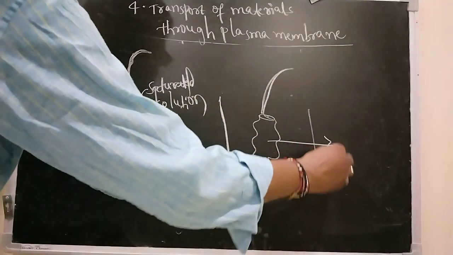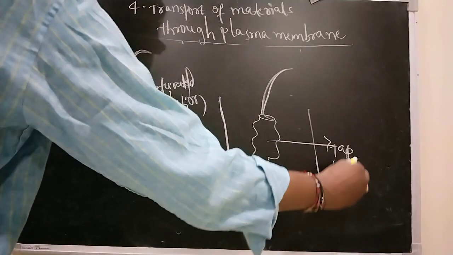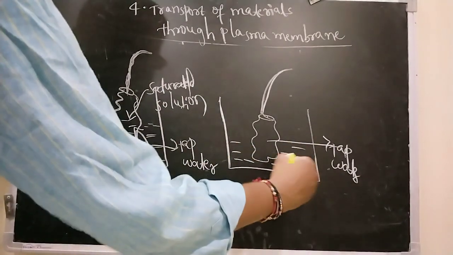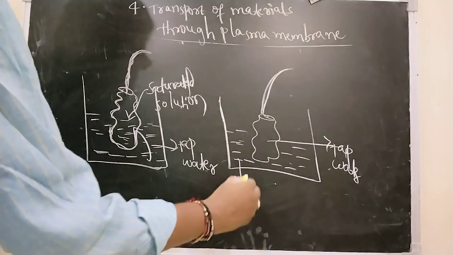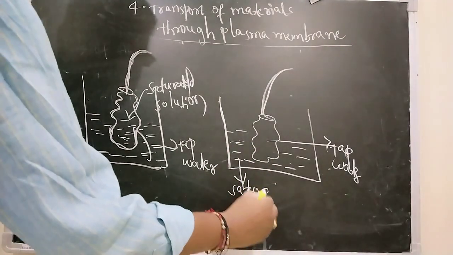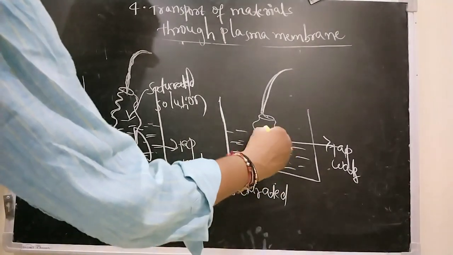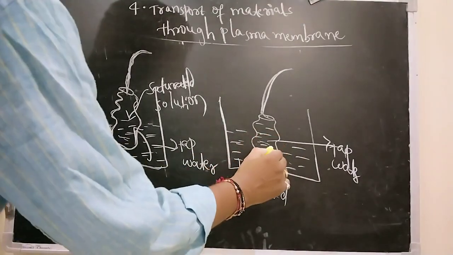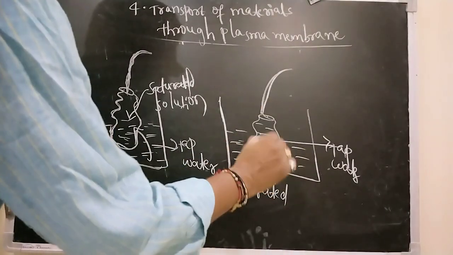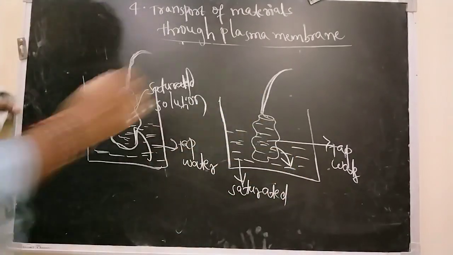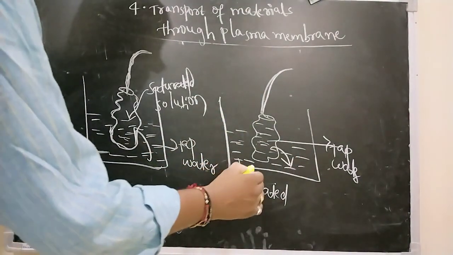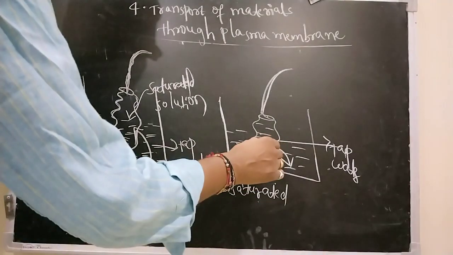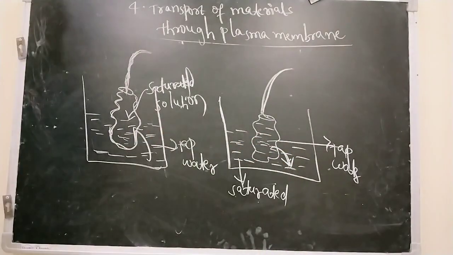Here we are taking normal tap water in the egg membrane, and in the beaker saturated solution. Now what will happen is the water moves from the egg membrane to the beaker, because the beaker contains saturated solution.